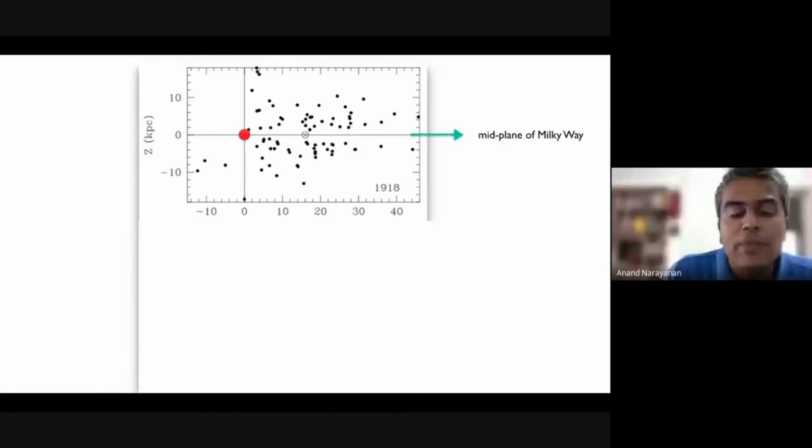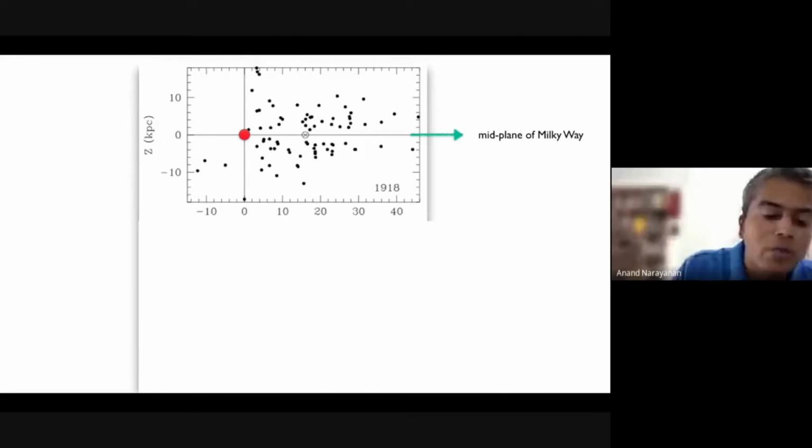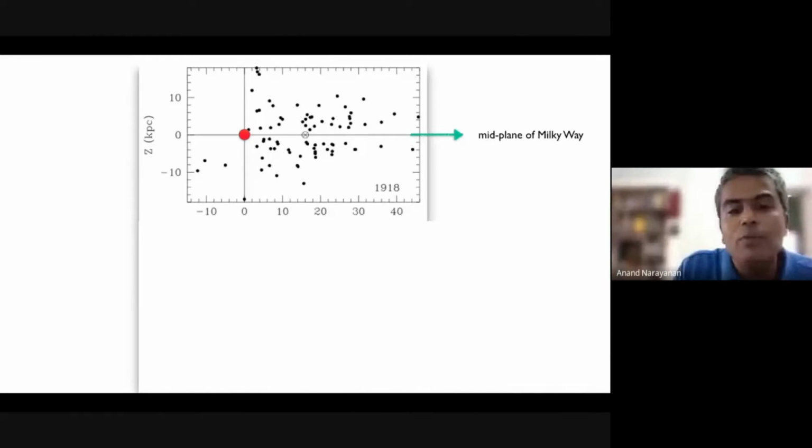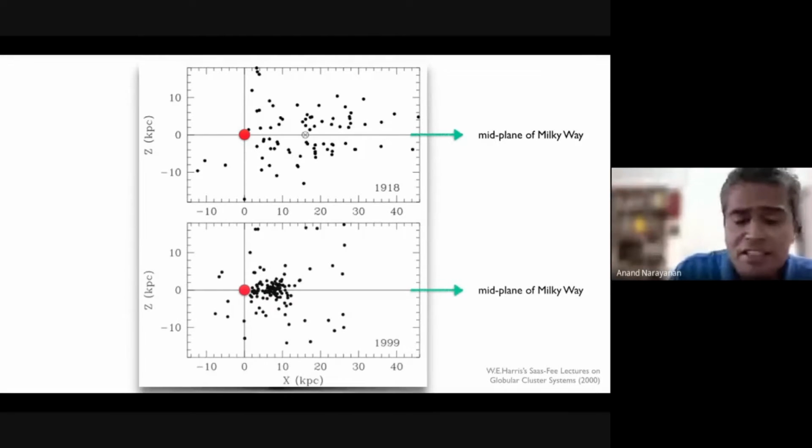Subsequently, other astronomers also started replicating these observations with better distance estimation. Shapley had huge uncertainties in his distance estimations. With subsequent estimations, the distances to these globular clusters became better known. And so here is a more revised 1990 map of the galaxy, and you can see that they are all centered around a point that's roughly 8 kiloparsec from us.